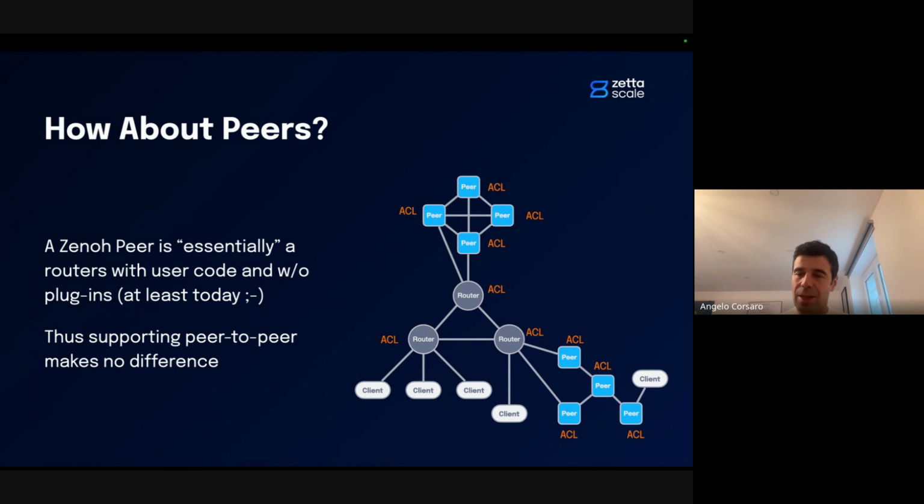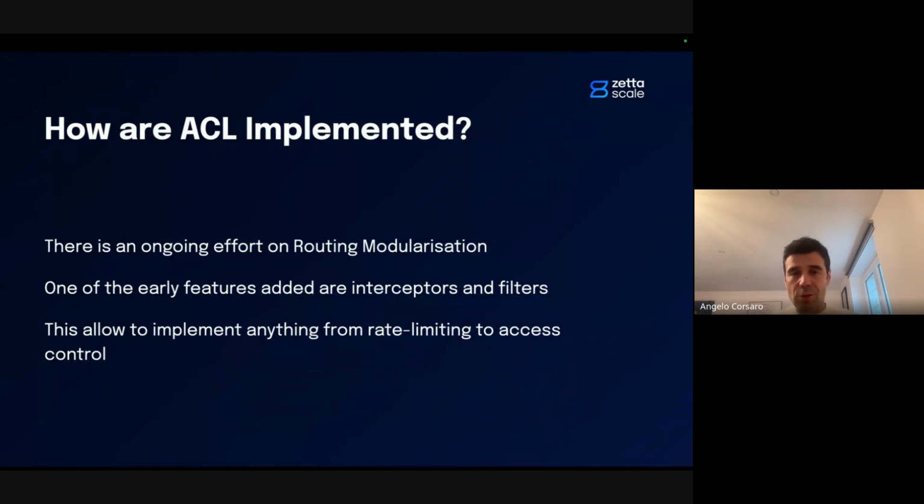And clients will always be asymmetric, right? They will be access controlled either by the peer to which they're connected or by the router to which they're connected. And so how is access control implemented? If you check our branch, there is some routing refactoring going on, and we've introduced interceptors and filters. As of today, things like rate limiting, access control, and so on are implemented by means of these interceptors and filters in the routing chain.